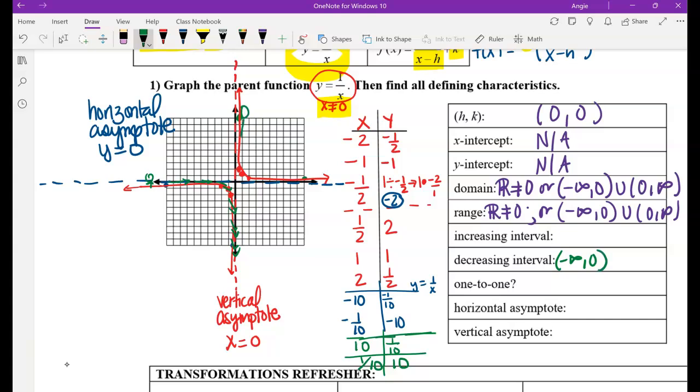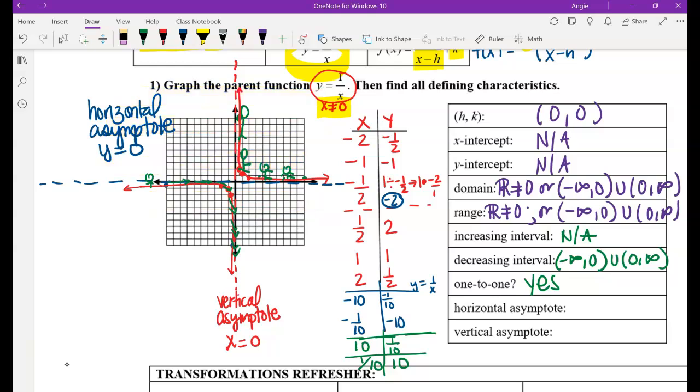Oh, this is really steep here. But again, it's still decreasing. It's getting closer and closer to the x-axis. Never touching the x-axis, just very close to it. So it's decreasing over the entire domain. That means increasing is NA. It is definitely 1-to-1 because it passes the horizontal line test. No horizontal line will cross over more than once.